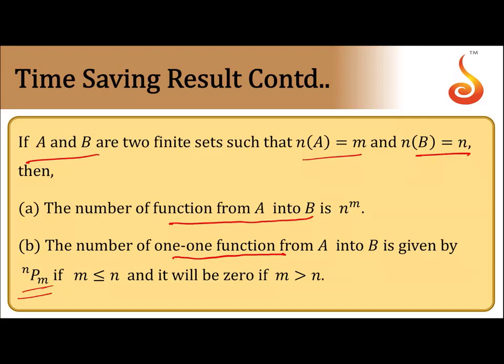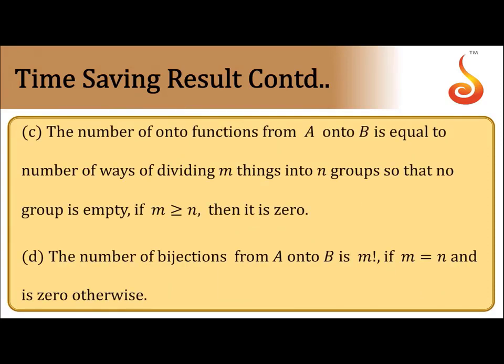While calculating the number of one-one mappings, you must check that the number of elements in set A is always less than or equal to the number of elements in B. Then only is it possible to have nPm.